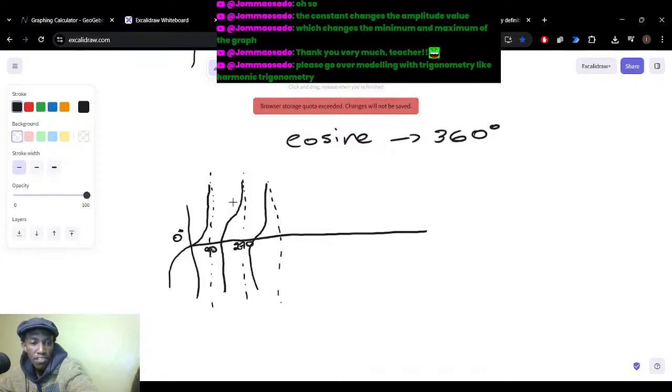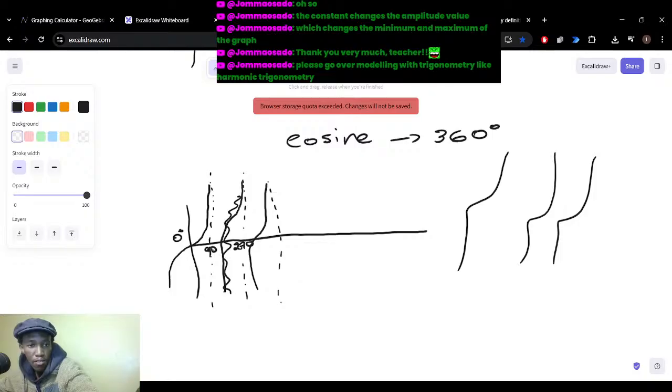So you can see that it's repeating the same pattern, something like this. Now look carefully. This graph is between the two asymptotes.